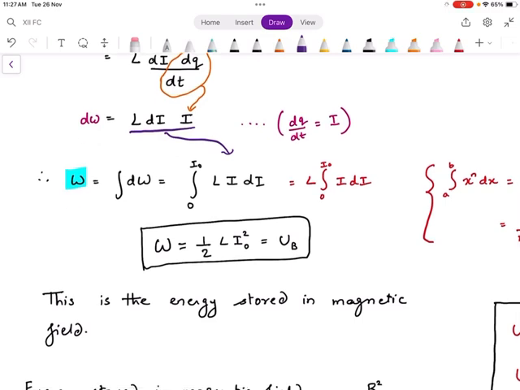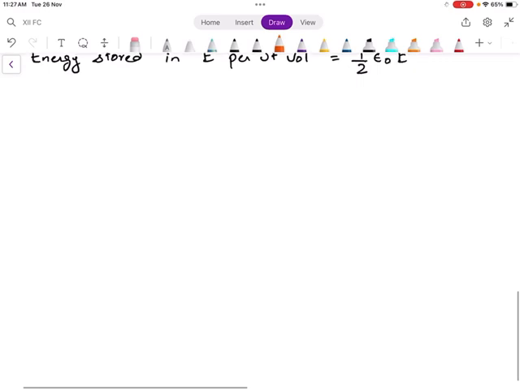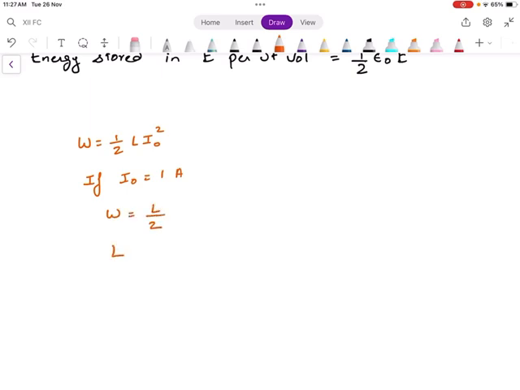Now we had said that we will see one definition from this. Using W is equal to half L I naught square, I'm going to make one definition, assuming that I naught is equal to 1 ampere. Then W will be L by 2, so L is equal to 2W.